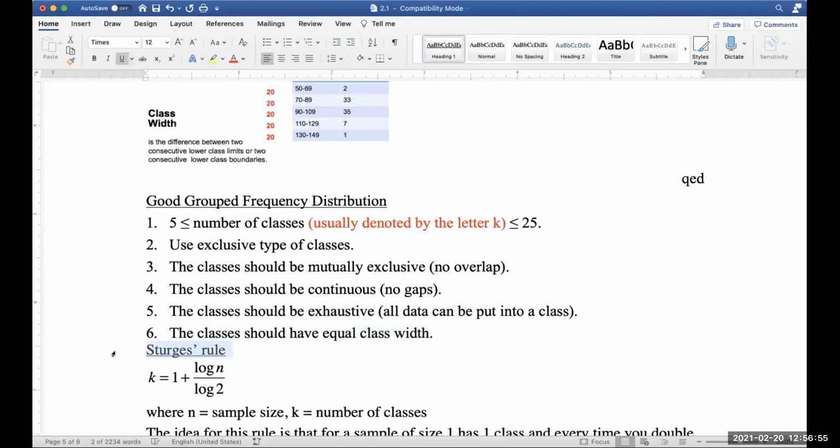So some rule that gives us some of these properties is the Sturgis Rule. It doesn't really use any facts about the data. Since it doesn't use any facts about the data, it won't be applicable in those cases where the data is sort of bunched up in places and spread out further apart in other places.